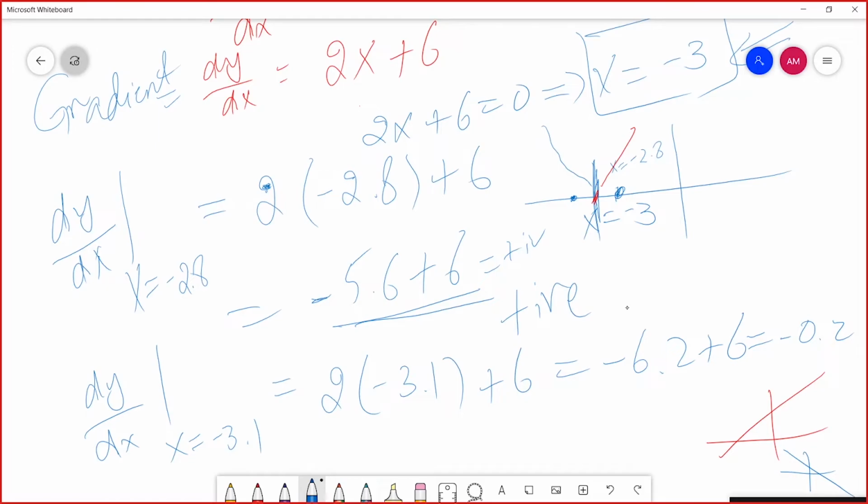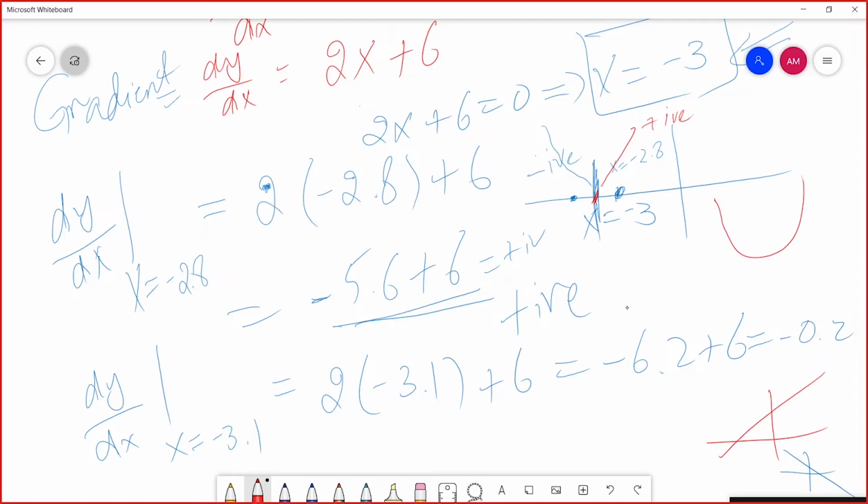Because we see it has a negative gradient here and a positive gradient here. So can you tell me, is it a minima, maximum, or a horizontal inflection? It's a maximum. If it is like this, is it a maximum or a minimum? It's a minimum. Yeah, it's a minimum.